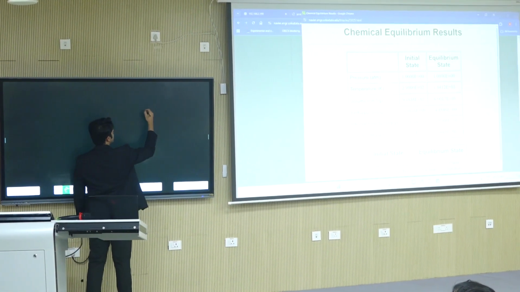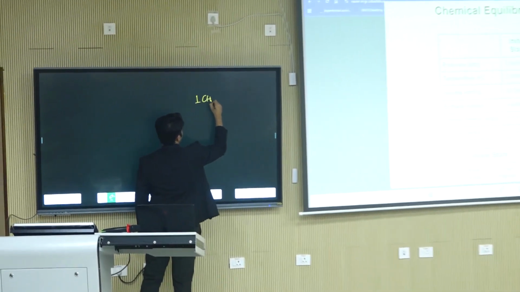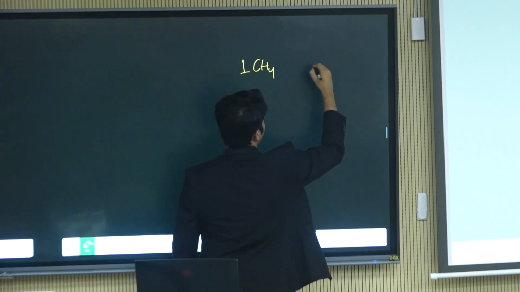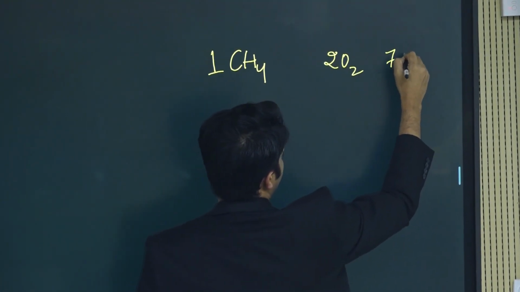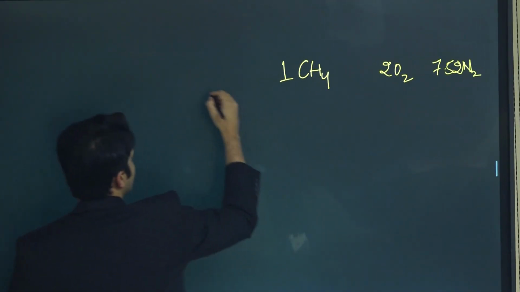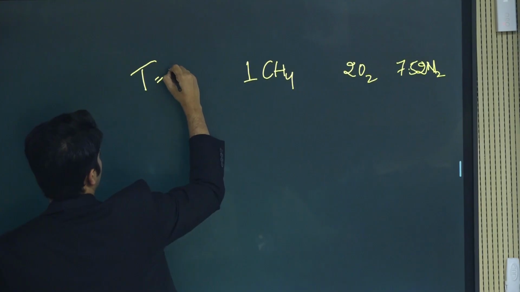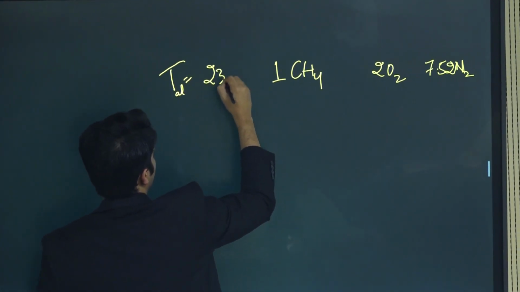In our first instance, we had 1 mole of CH4, then 2 moles of O2 and 7.52 moles of nitrogen, and this gave us a temperature of around 2300 Kelvin, right?